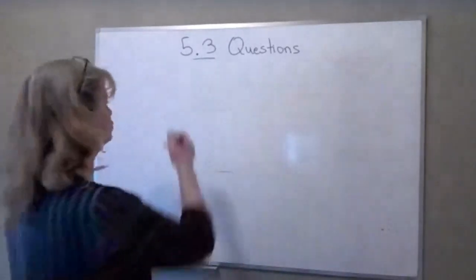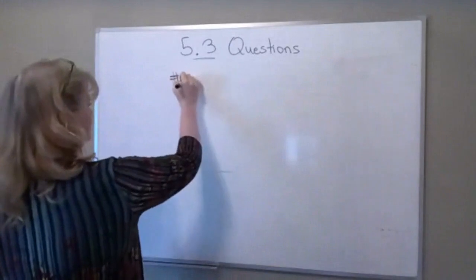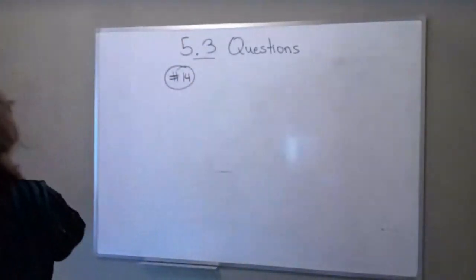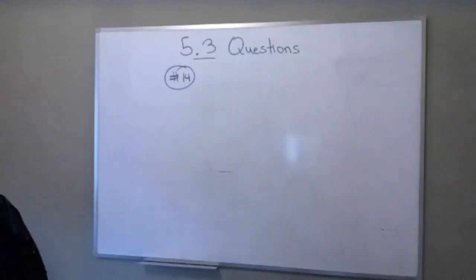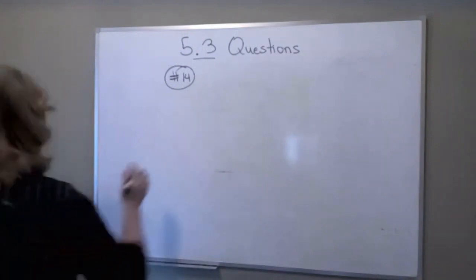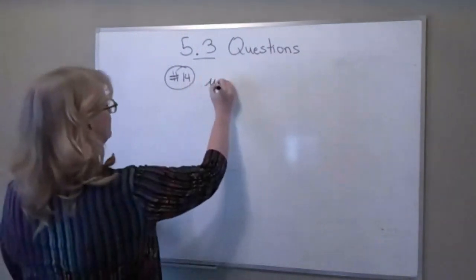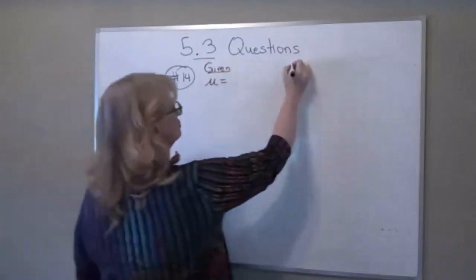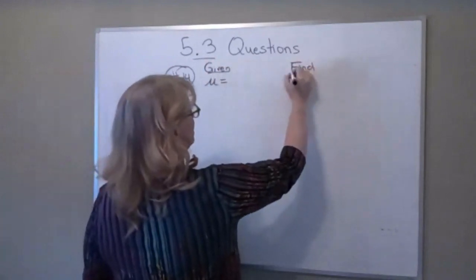And number 14 has two parts. So this may be the last question that we get through. Number 14 says, in a survey of women in a certain country, ages 20 to 29, the mean height, so I'm going to write down the mean height, so this is given. Let's make two columns, given and find.